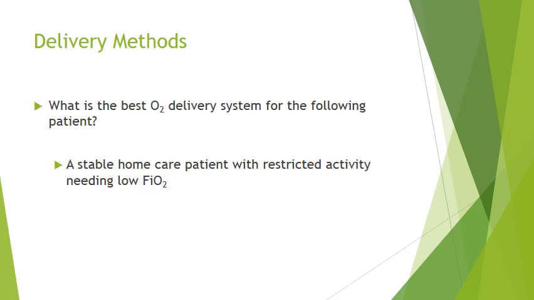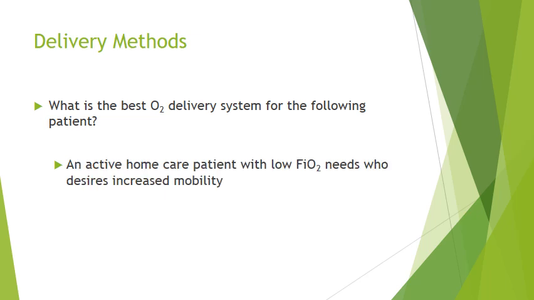So what is the best O2 delivery system for the following patient? A stable home care patient with restricted activity needing low FiO2. What is the best O2 delivery system for the following patient? An active home care patient with low FiO2 needs who desires increased mobility.